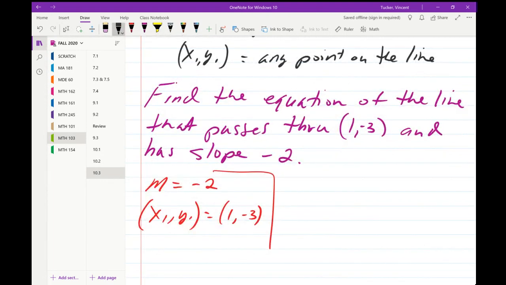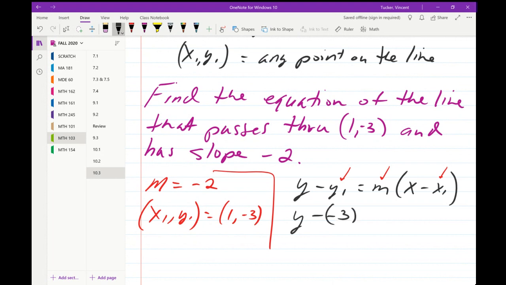All right, so that means m is equal to -2, and then (x1, y1) is (1, -3). So if we look at the formula, notice we're plugging in for these three values right here. Make sure you don't lose a negative in your substitution. y1 is -3, so that's y minus -3.